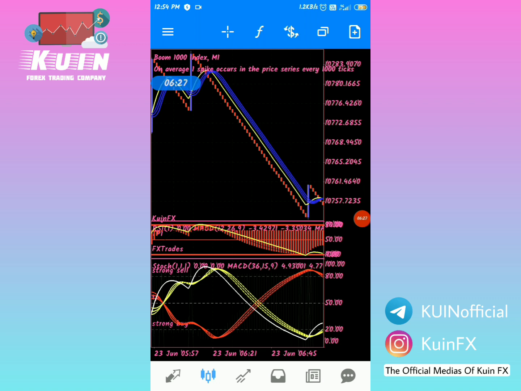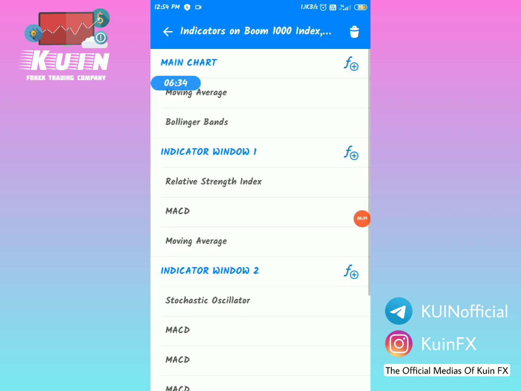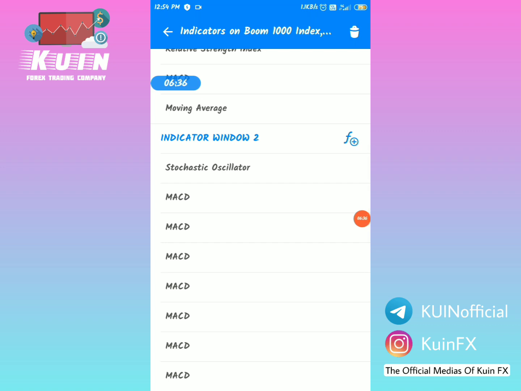In Window 2 we have a stochastic oscillator and seven MACDs. Okay, first we go to the stochastic oscillator.